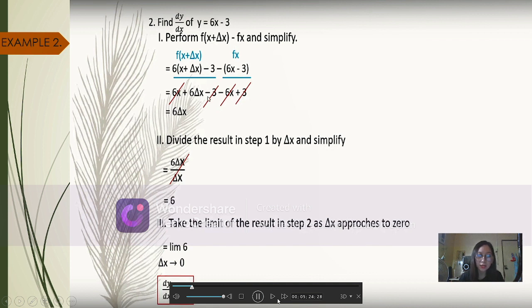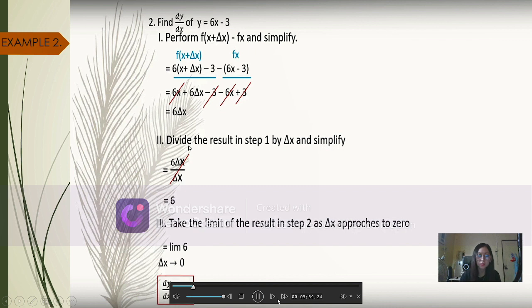And then, negative 6x, yan. Tapos, negative times negative 3 is equal to positive 3. So, mangyayari, cancel natin 6x to 6x and yung 3. So, magiging sagot 6 delta x.